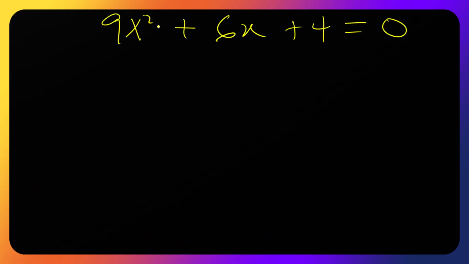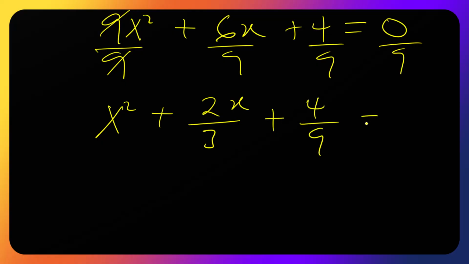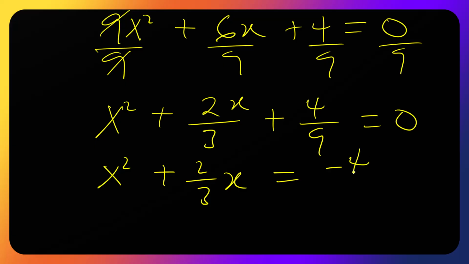Let's make sure the coefficient of x squared is 1, so I will divide through by 9. So we have x squared plus 2 on 3 x plus 4 on 9 equal to 0. Let's send this one to this side, so x squared plus 2 on 3 x equals minus 4 on 9.